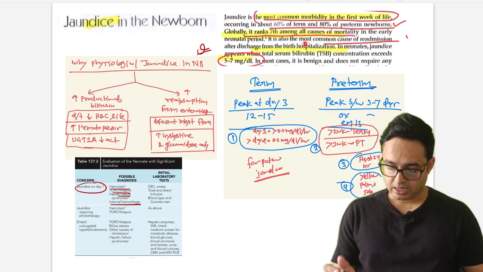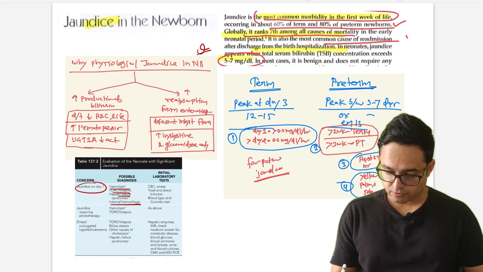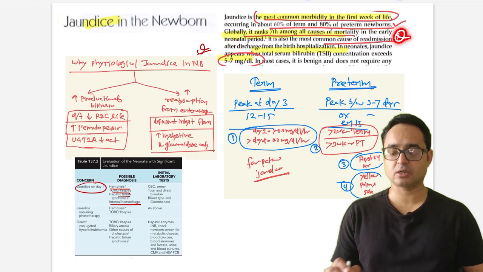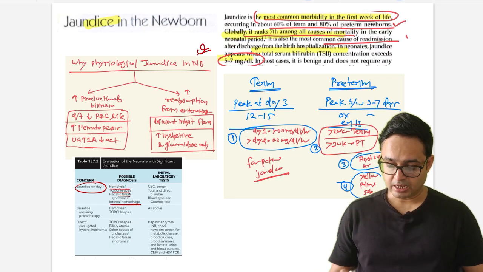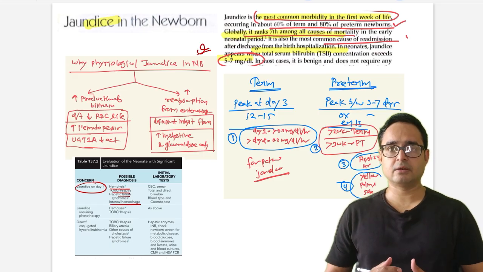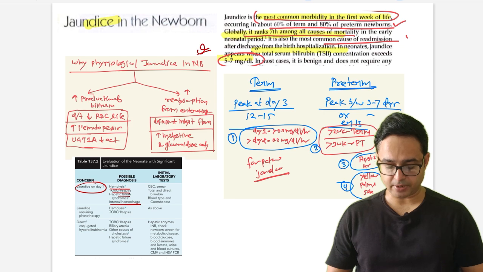Again important, this is the most common cause of readmission after discharge from birth hospitalization. Important question: in neonatal jaundice, it appears at 5 to 7 milligram per deciliter. If it rises beyond 5 to 7 milligram per deciliter, it is generally apparent.